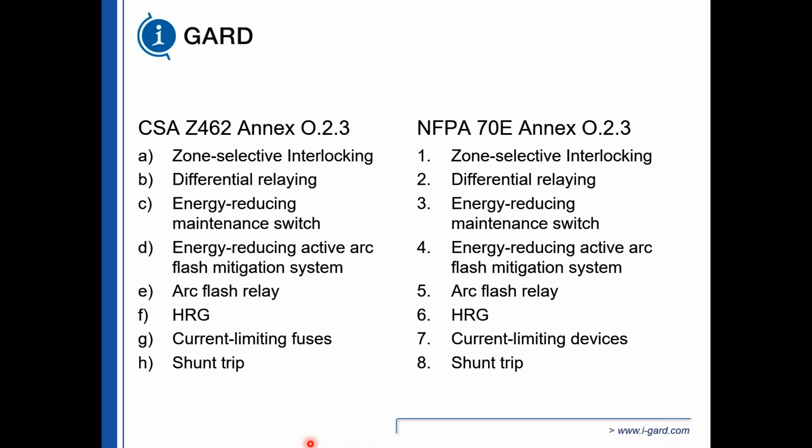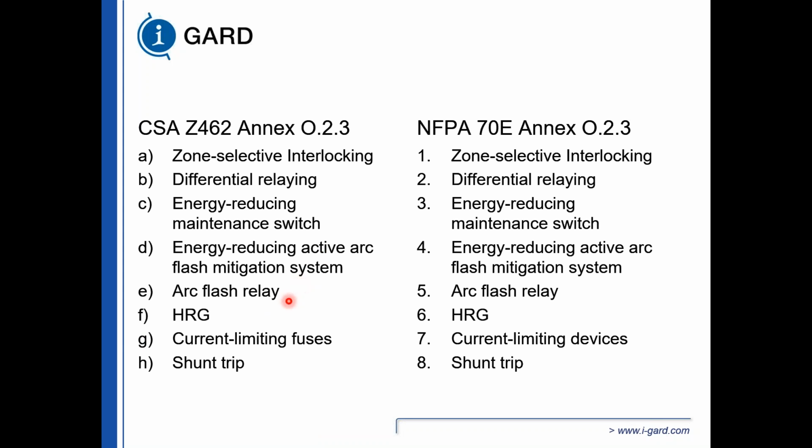So if you have a 5-cycle breaker, you can probably reduce the incident energy to something below 3 cycles, as if you had a 3-cycle breaker. So we're playing with time, but you're trading an arc flash event for a bolted fault event. So there are some hazards that need to come into play.